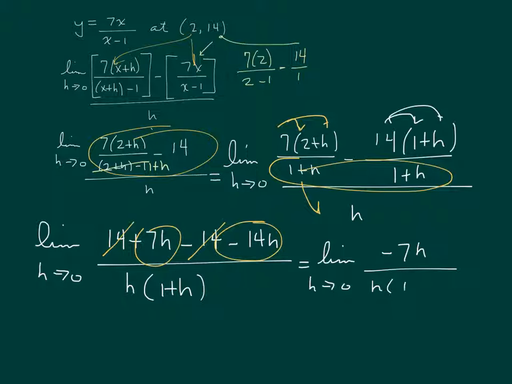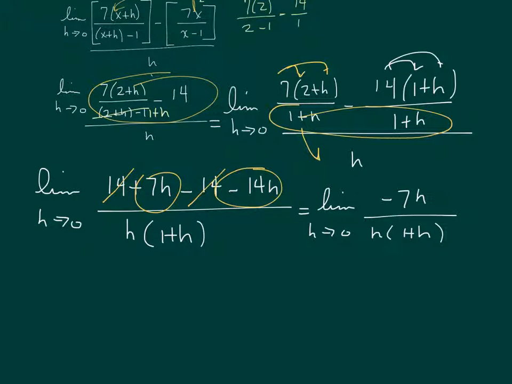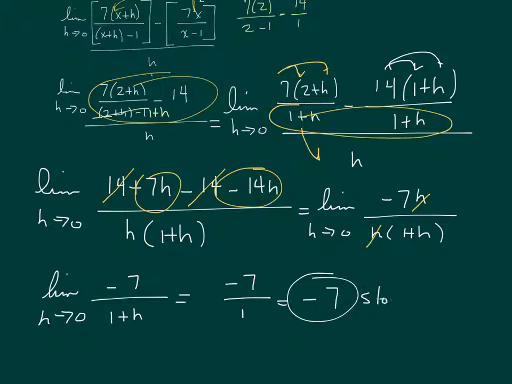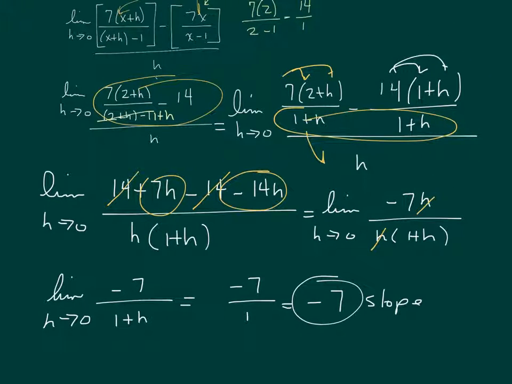And now as you can see, I can cancel the h. So I have the limit as h goes to 0 of negative 7 over 1 plus h. And if I let h go to 0, then I get my slope of negative 7.